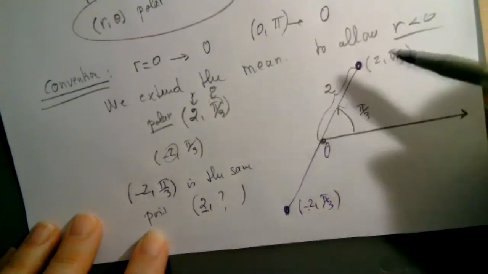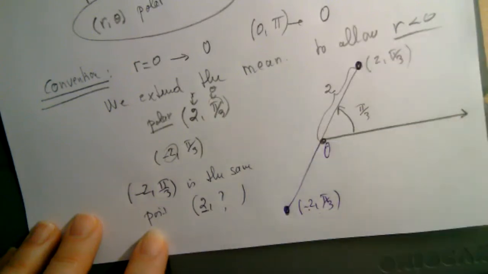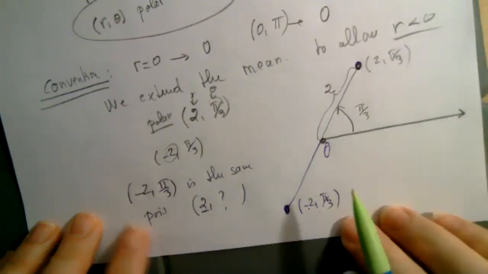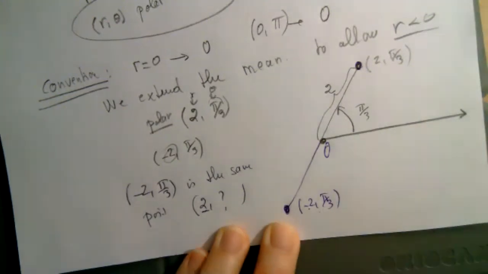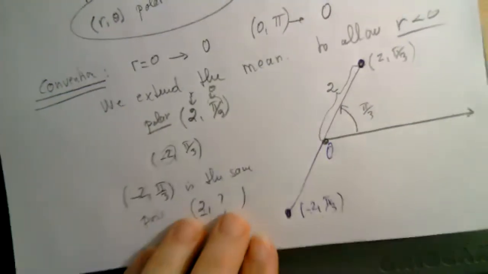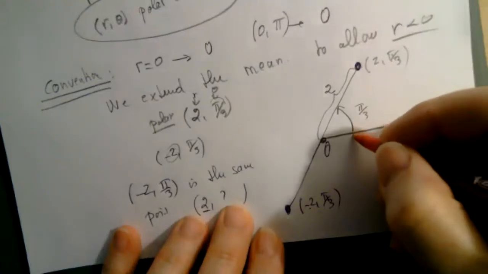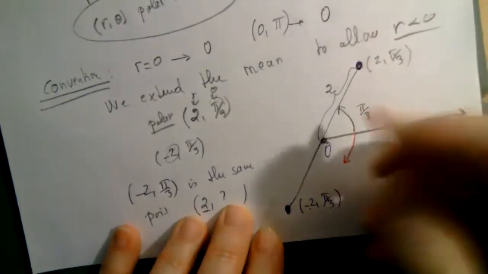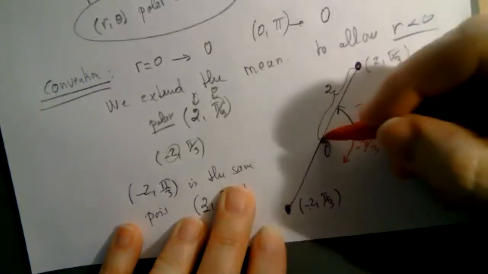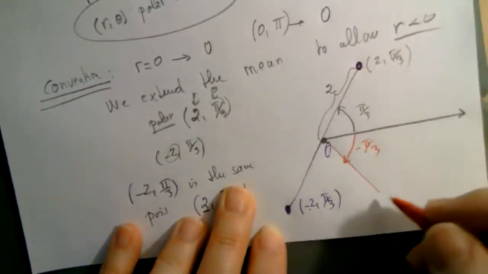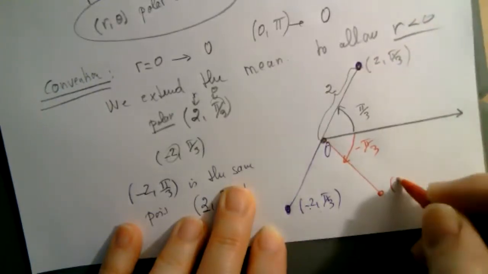And what angle? So Sarah is telling me (2, minus pi over 3). I have an issue with that, because what is (2, minus pi over 3)? I'm going to draw it in red. Minus pi over 3 means this way, and (2, minus pi over 3) in polar coordinates will be this point.